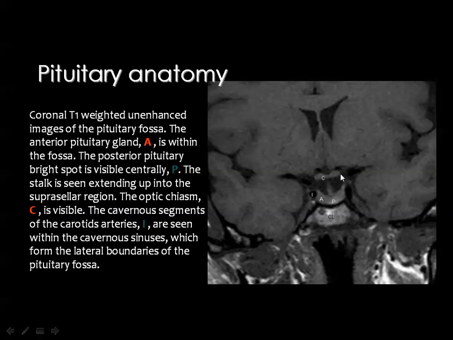And here you can see the optic chiasm, which is the decussation of the optic nerves, and on both sides of the pituitary fossa you can see the cavernous sinus, and a prominent structure within the cavernous sinus is the internal carotid artery, which shows a signal void appearance due to the flow inside. And this represents the clivus, which usually contains bone marrow, and the marrow contains fat, and that's why the clivus is bright in this T1 weighted image.